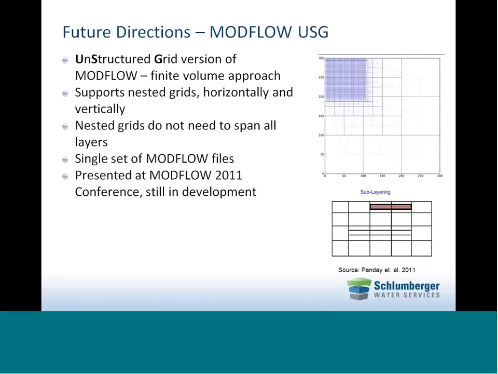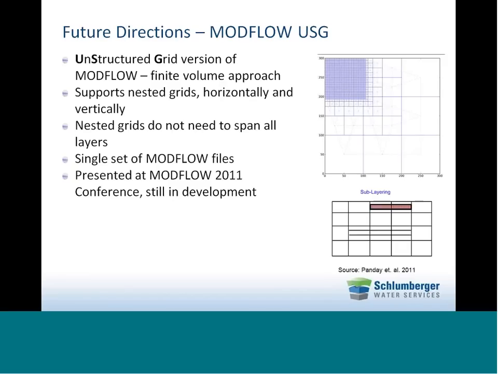I want to talk a little bit about some of the future directions that the USGS is currently working on. For anyone on the line that attended the Modflow 2011 conference last year, you may have been fortunate enough to hear the introduction about Modflow USG, or the unstructured grid version of Modflow. This is a finite volume approach. They're currently working on finalizing and reviewing the Modflow USG code, and we're hoping that something will be available sometime this year.